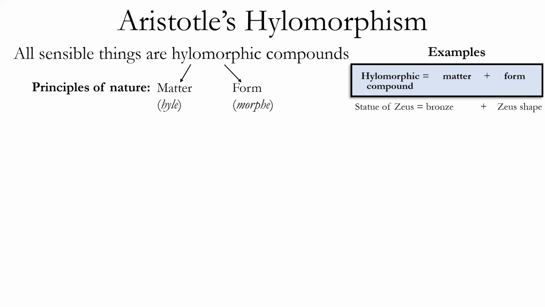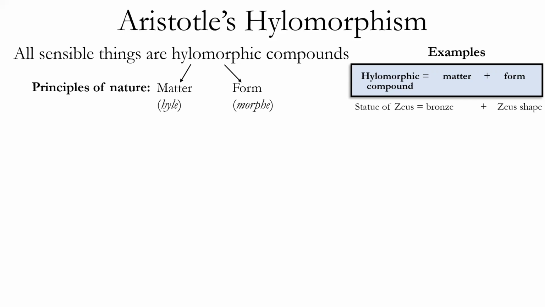That's the subject. That lump of bronze is the subject. And at the beginning, at least, before the sculptor casts it, that lump of bronze lacks the Zeus shape. Right? It lacks the form. It has the privation of that form.